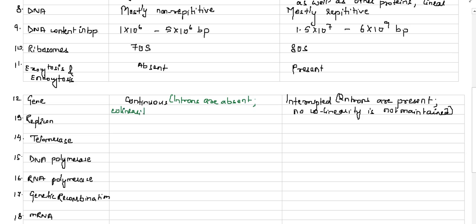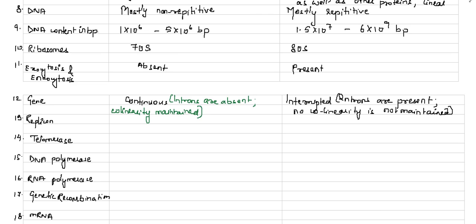That means collinearity between the sequence of nucleotides in the DNA and the sequence of amino acids in the polypeptide is maintained in prokaryotes. We'll discuss in detail when we do the topic of fundamentals.